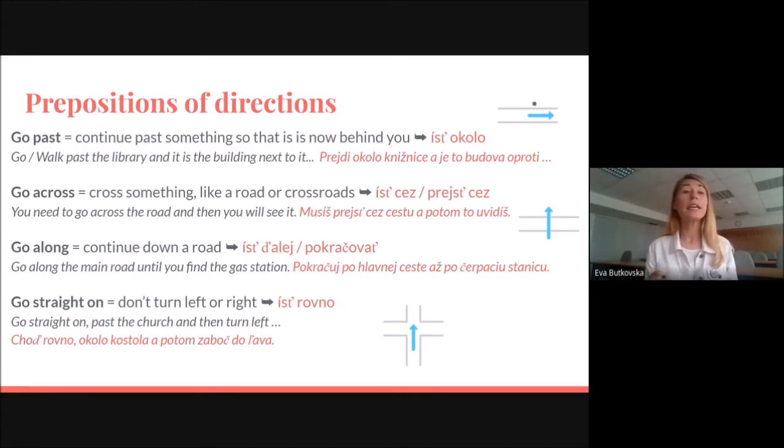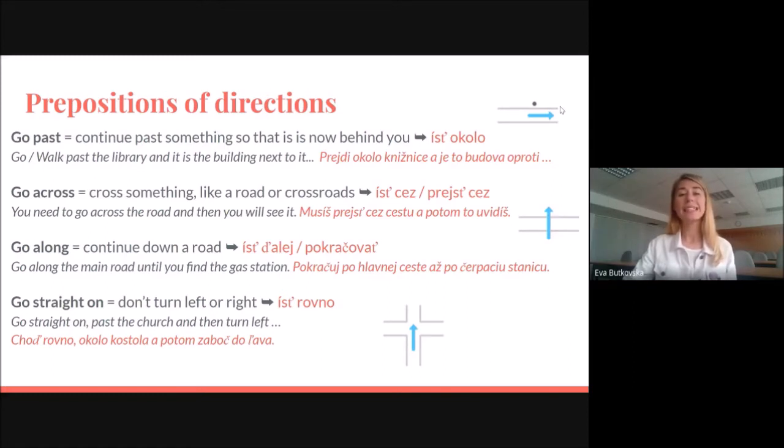We use it if we want to give direction that you need to continue past something. So in the sentence, walk past the library and it is the building next to it, you want to tell somebody, go past the library. So you will see the library, you'll go past it, and then you will see the building or the place you're looking for. So go past. Look at the picture. Go past. Next one is go across.